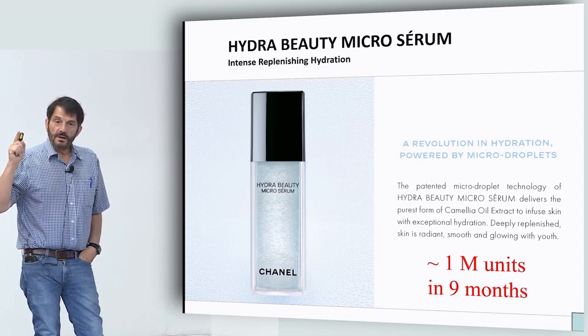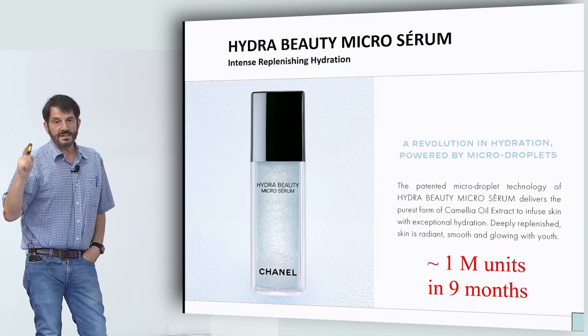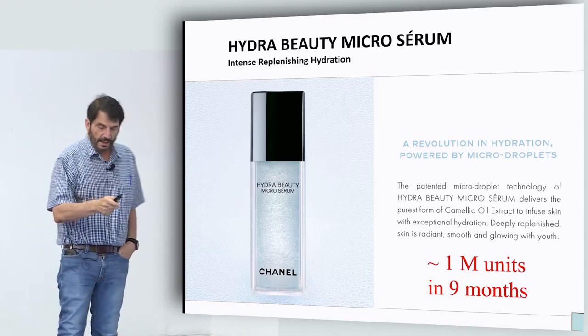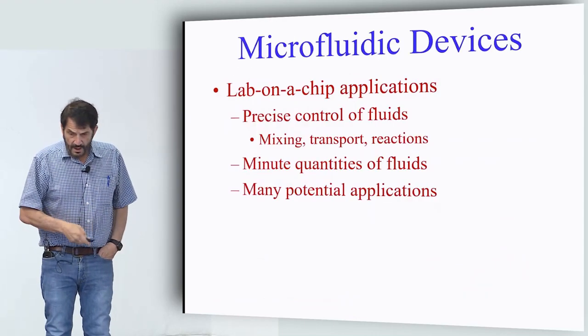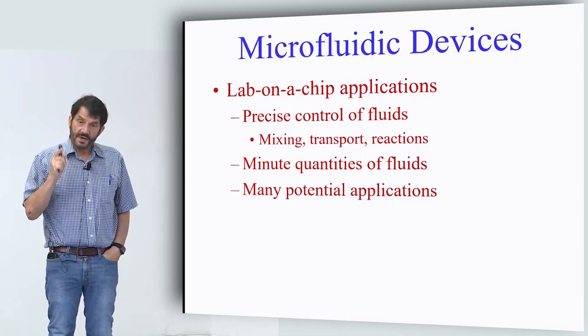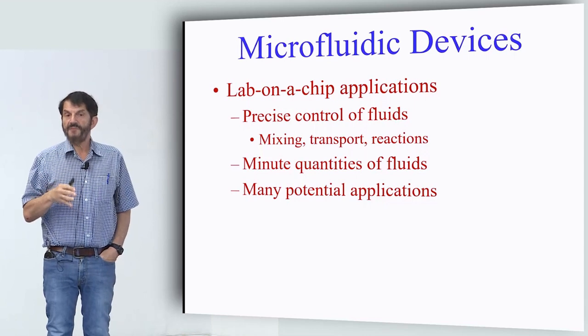Each unit sold for $100, so it's $100 million. It was the largest selling product introduced by Chanel, and Chanel liked it so much that they actually bought the company. They bought Capsum.